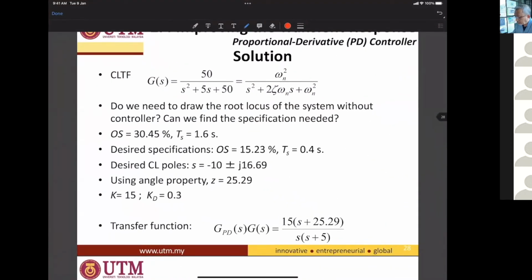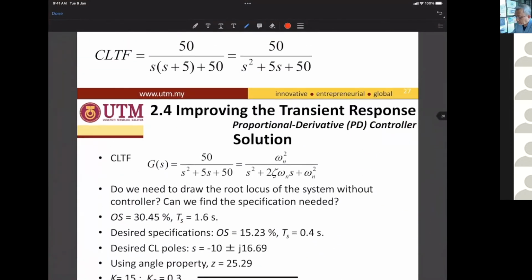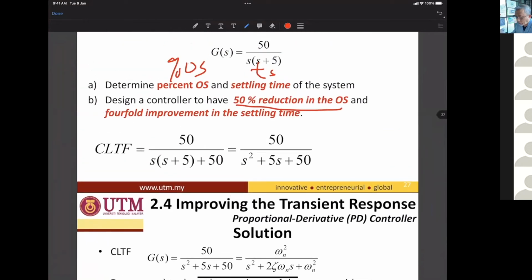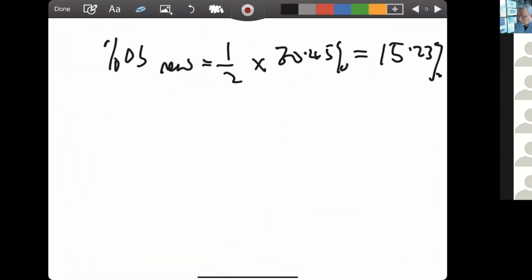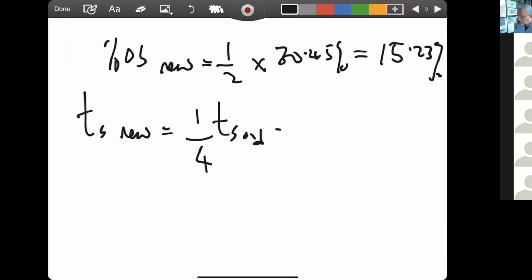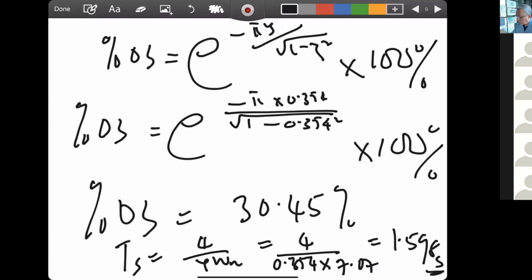Dengan, cakap apa lagi spek design dia? And for full improvement of the settling time. Settling time yang baru, settling time yang lama. Yang lama berapa tadi? 1.598.